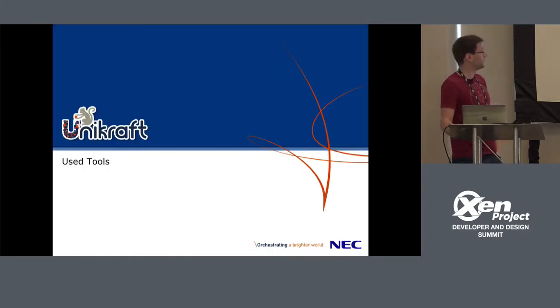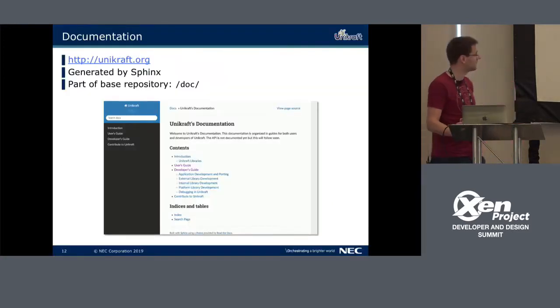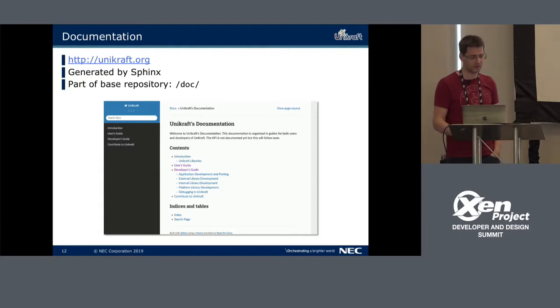So, the tools that we use. We have a basic documentation online on a domain called unikraft.org. We generate that with Sphinx, as the Linux kernel folks are also doing. The documentation tree is based in the repo in the doc folder, and it has for now basically tutorials or more descriptions of how to do things, how to port a library, and so forth.